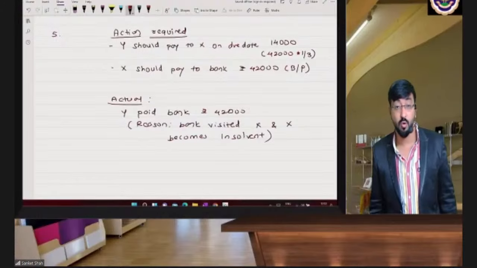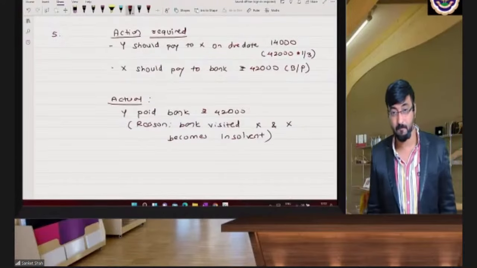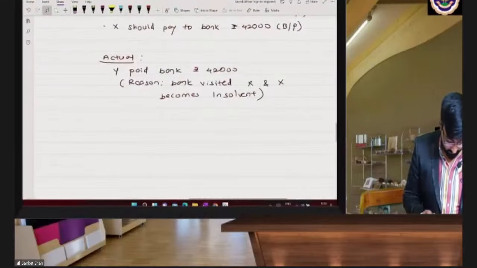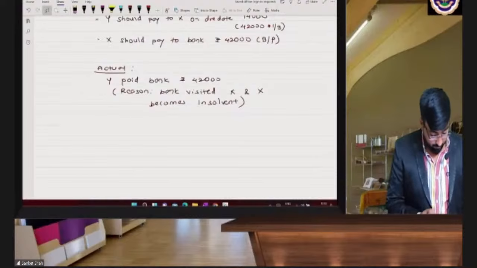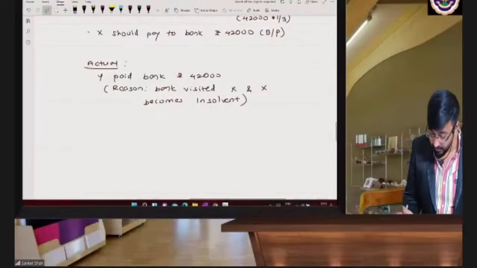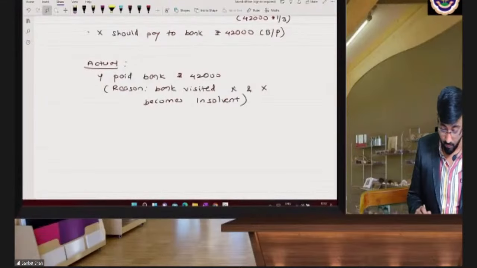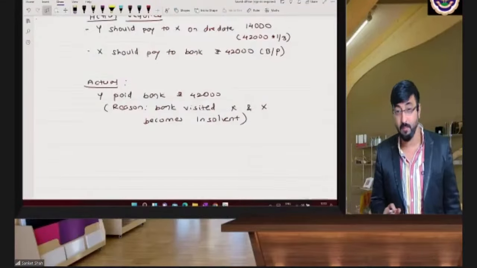Oh, okay. So he becomes bankrupt, sir. So 42,000, this actually happened. Now why paid to bank rupees 42,000?